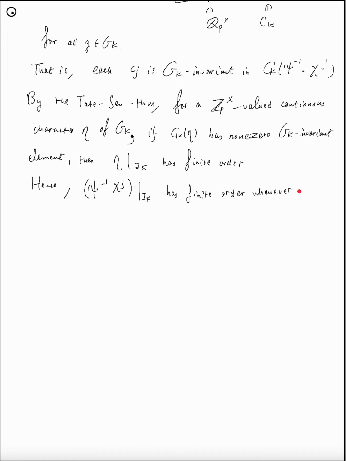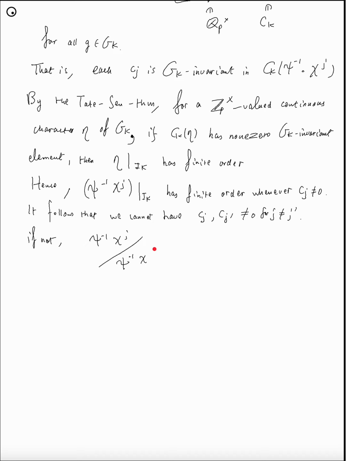So each Cj corresponds to this chi j. It follows that we cannot have two Cj and Cj prime non-zero for different j prime, because otherwise this would give us a chi to the j minus j prime, and this j minus j prime restricted to the inertia of K has finite order, because each of them has finite order, and so the quotient has finite order.